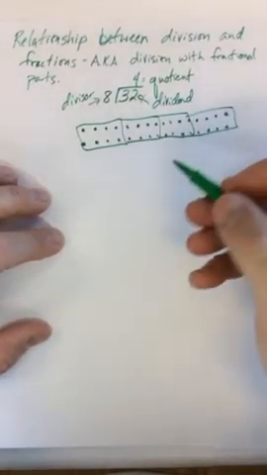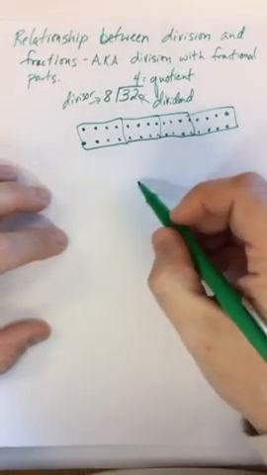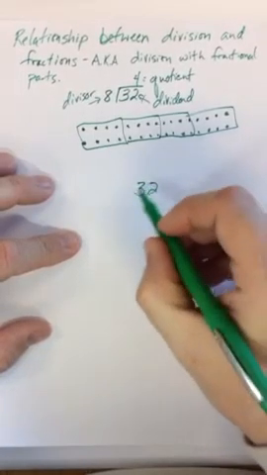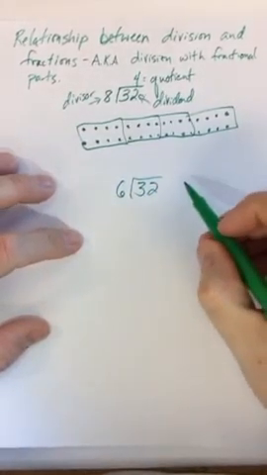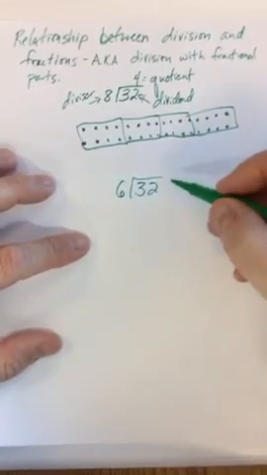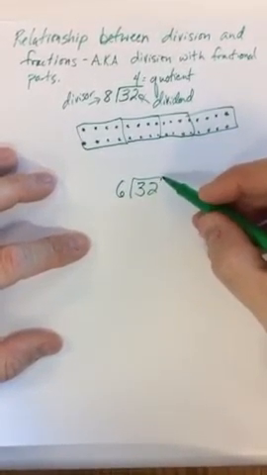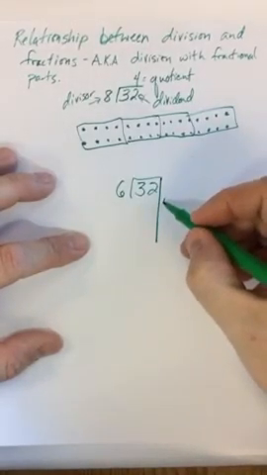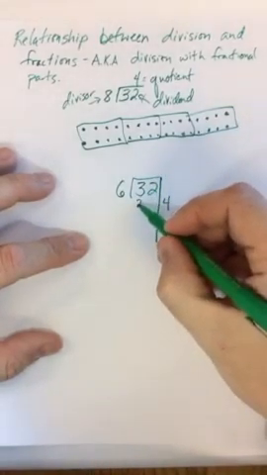So I'm going to do a slightly different problem that will have a remainder. I'm going to say 32 divided by 6. Most students will go ahead and do this problem either using partial quotients or the traditional method. I'm going to use partial quotients. 4 times 6 is 24.